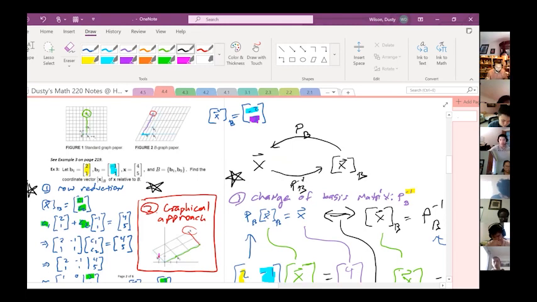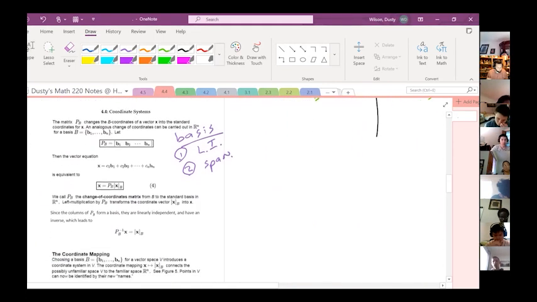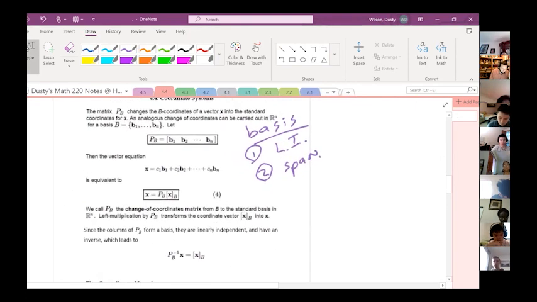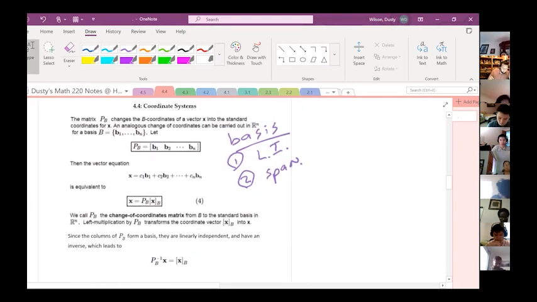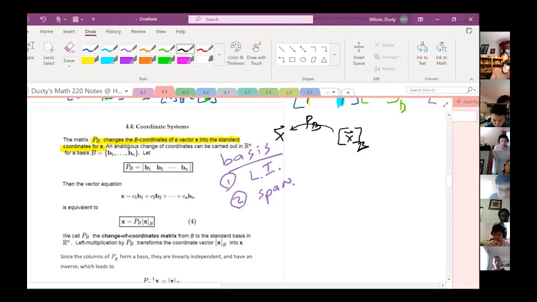That's kind of where we left off last time. So the matrix PB changes the B coordinates of a vector X into the standard coordinates. Okay, so you're starting with the B coordinates and you're going to the X coordinates. And to do that, we follow that PB transformation.